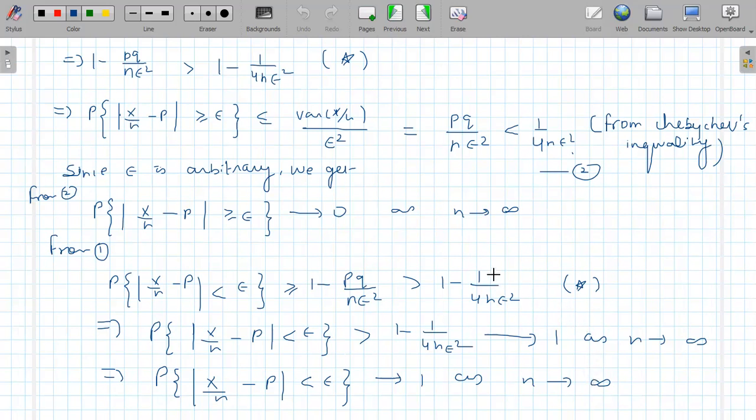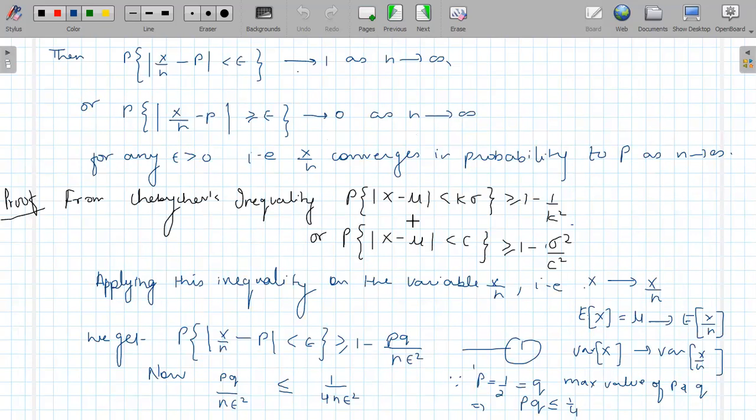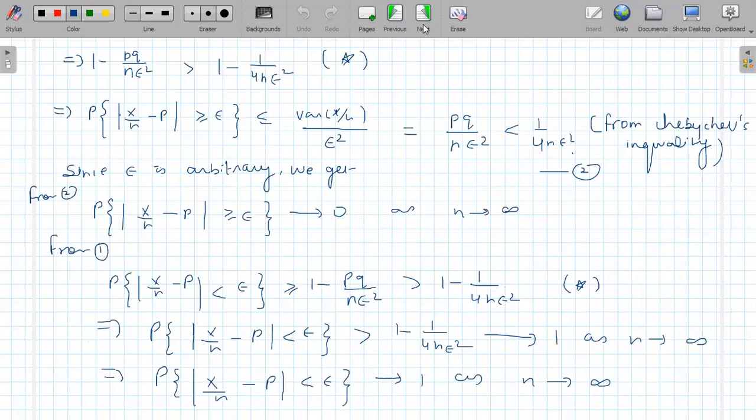So from both forms of Chebyshev inequality, by just replacing x by x upon n, we can obtain the desired result. आपको कुछ नहीं करना है, केवल x को x upon n से replace करना है। जो μ है, that is the expected value of x, तो आपको यहाँ expected value of x upon n लिखना है, and this σ² is the variance of x, so we have to use here variance of x upon n, and you have to just simplify, you will get the desired expression.